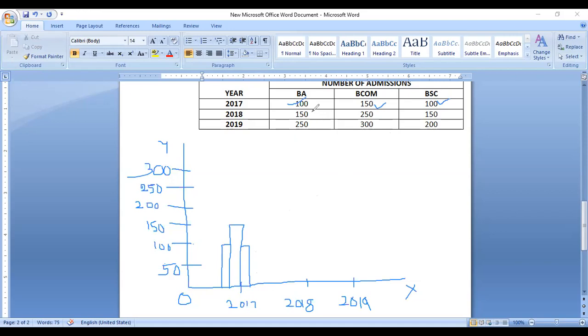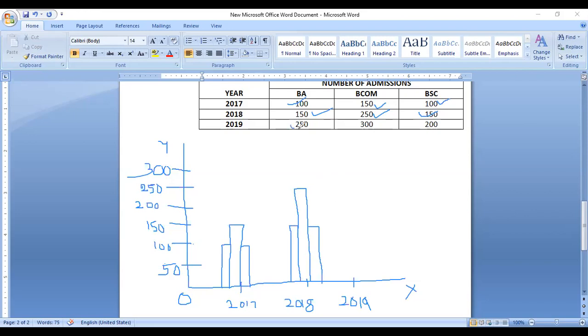Now coming to 2018 year, BA 150 admissions. So up to 150 I am taking for BA. See, this is 150. So this level I am taking. So BCom 250. Then BSc 150. Like this, in 2018 year also, three different variables have been depicted.